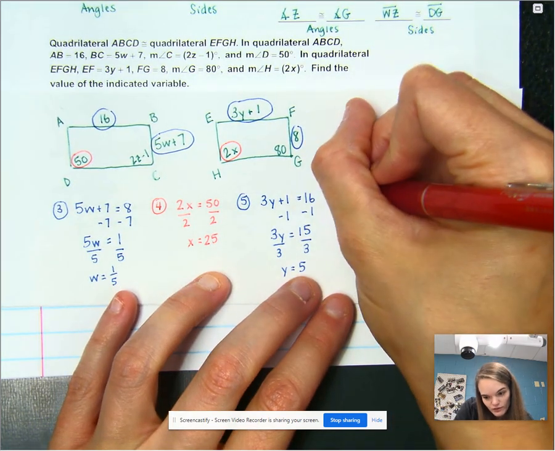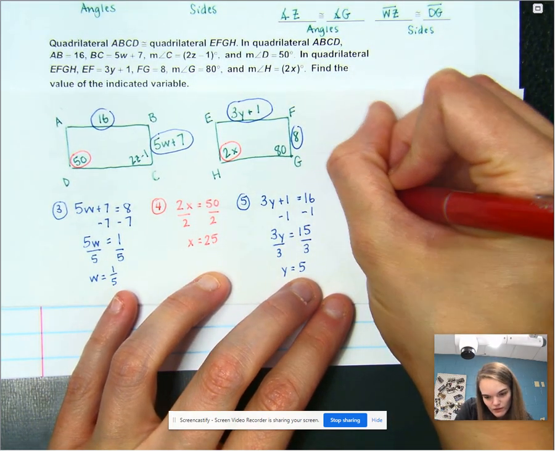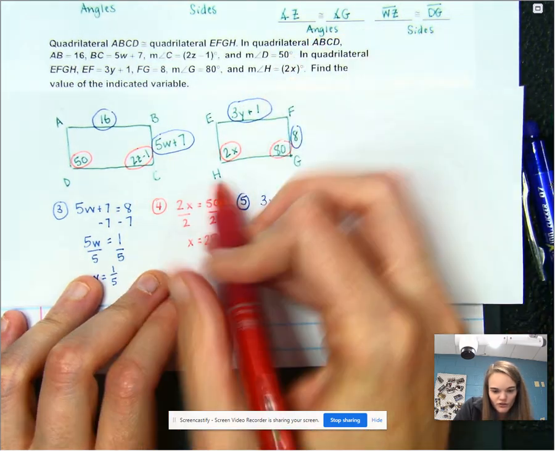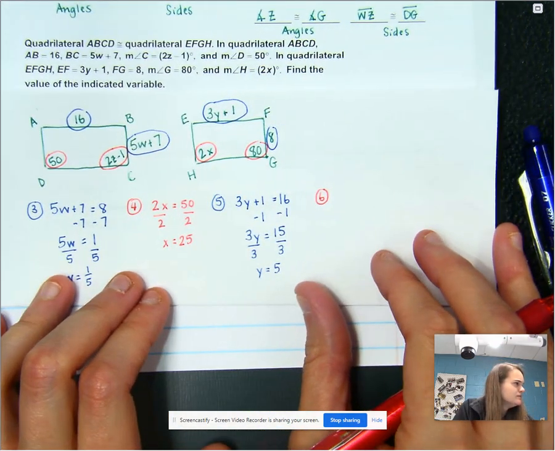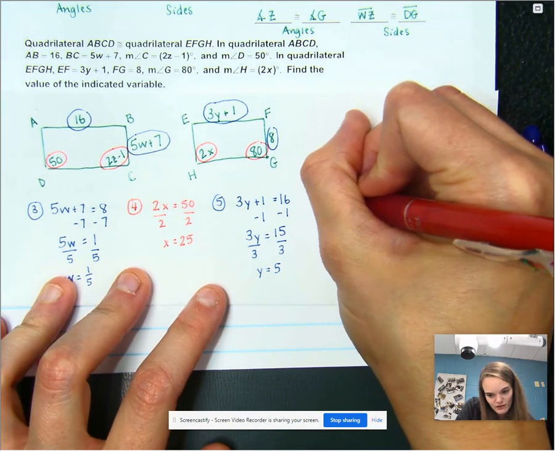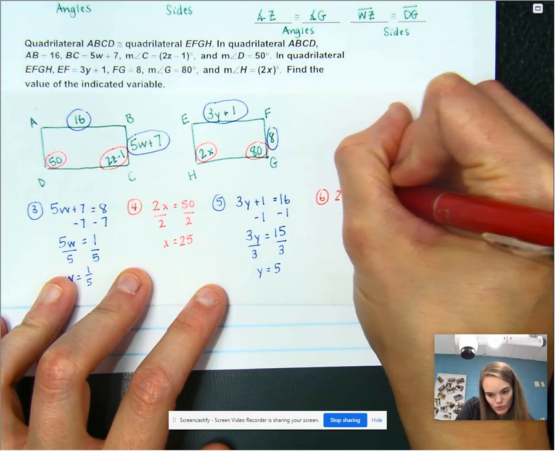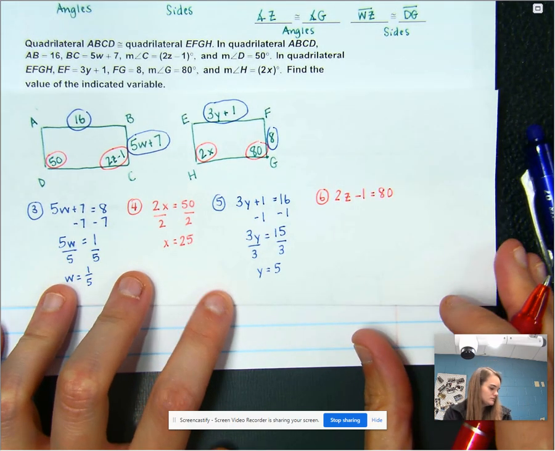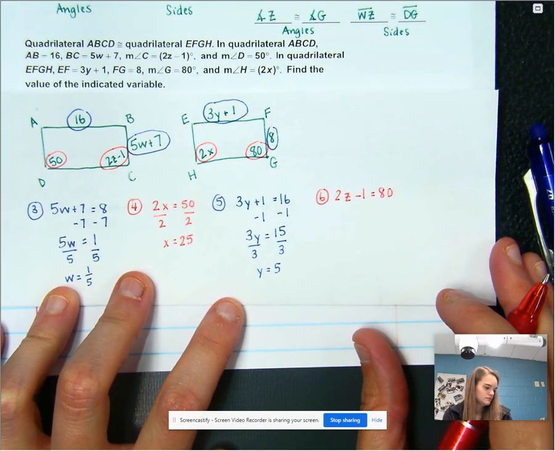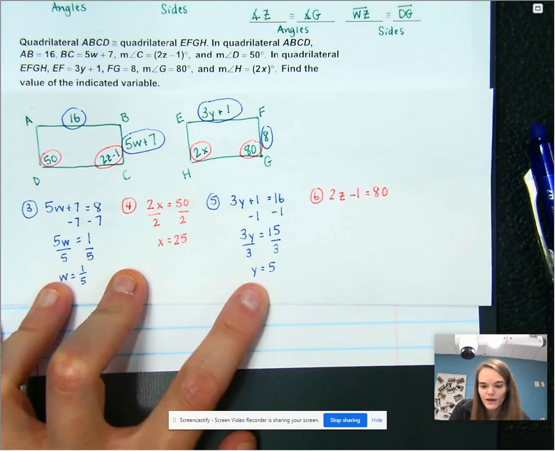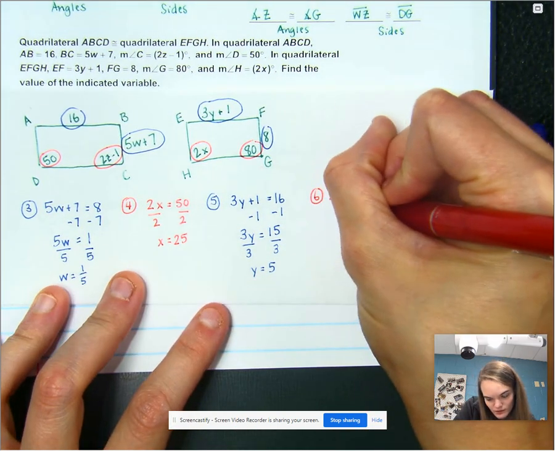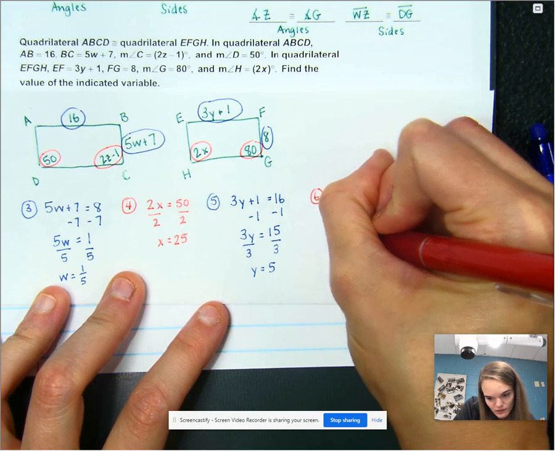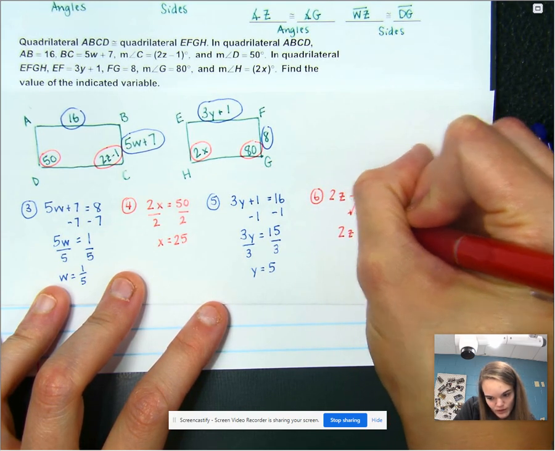Number 6. Z is here, so it goes with C and G are congruent. 2z minus 1 equals 80. Add 1. 2z equals 81.